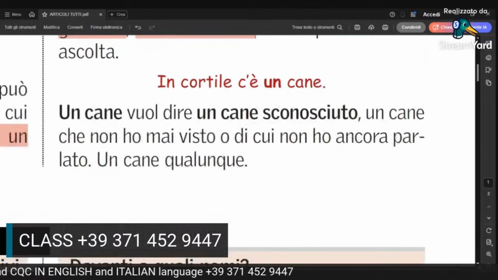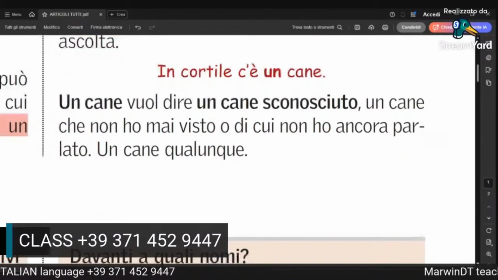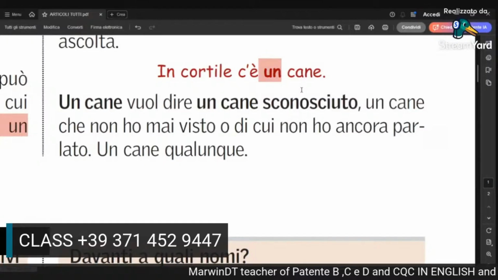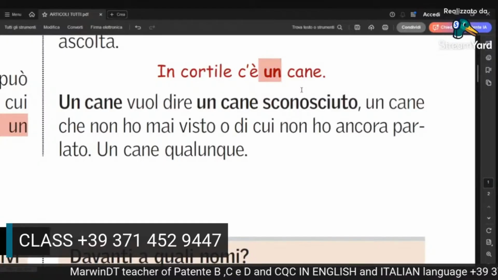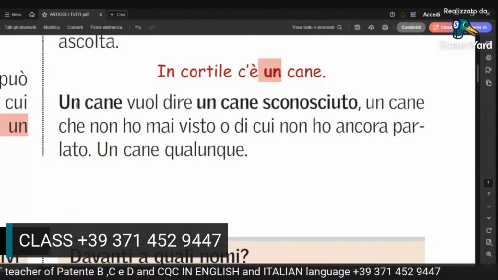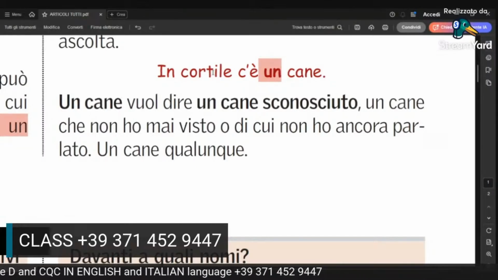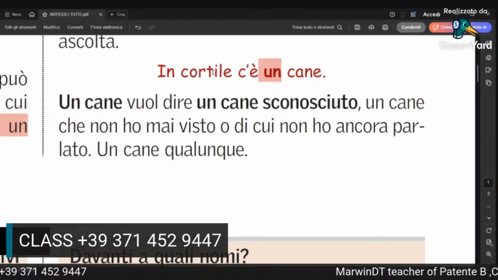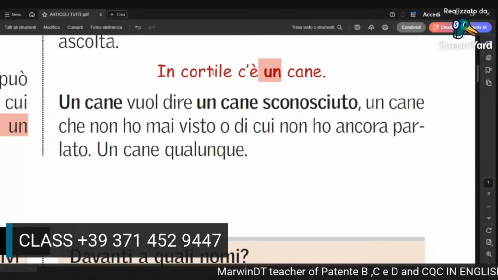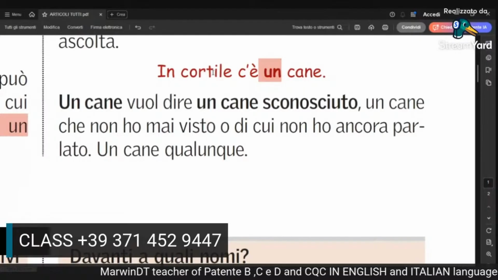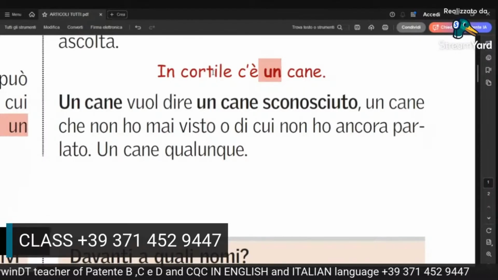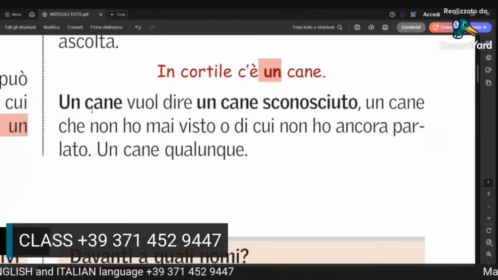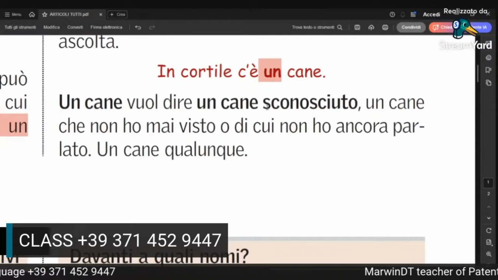Now the example says, in cortile c'è un cane. So un is the articolo indeterminativo, meaning in the open space there is a dog. There is a dog. Now this one is not specific. Un cane. Okay, a dog that we do not know. And the explanation says, un cane vuol dire un cane sconosciuto.